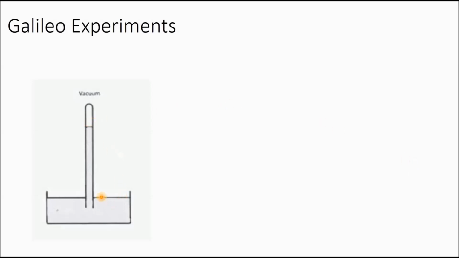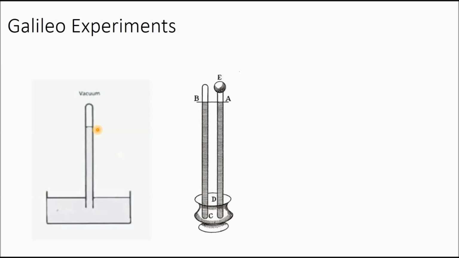From this surface to that point is 10 meters. He showed that here also we can raise only 10 meters. Even when he made different shapes on the top of the tube, the water still rises only 10 meters.